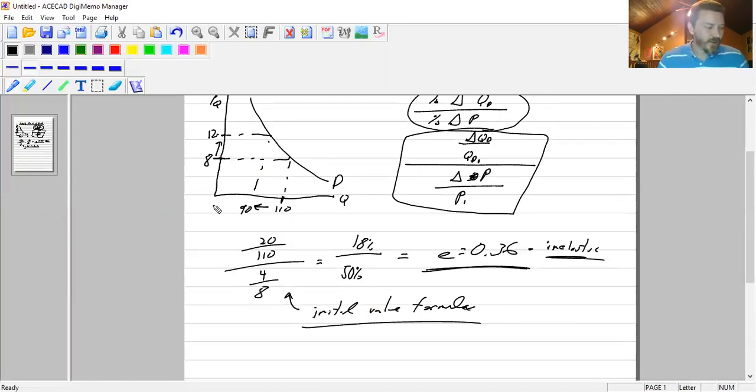There's also something called the midpoint formula. I'm not going to spend time in this lecture going through it. It's depicted in the book, so just follow along in the book. But on the exam or quiz, I'm going to have you calculate elasticity using the initial value formula. That's straightforward enough.